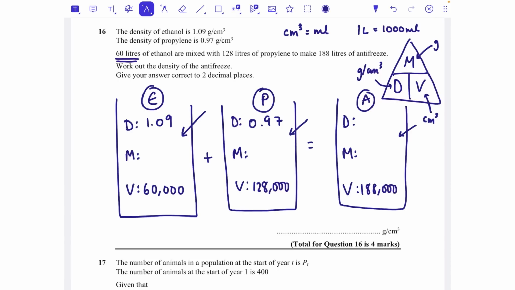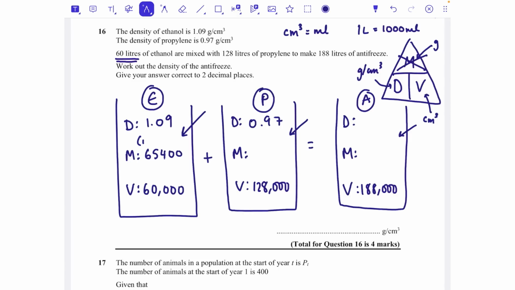You can add together volumes, you can add together masses, but you can't add together densities because it's a compound measure. So to get the mass, if you cover up M in your formula triangle, you're doing density multiplied by volume. So 1.09 times 60,000 is 65,400.